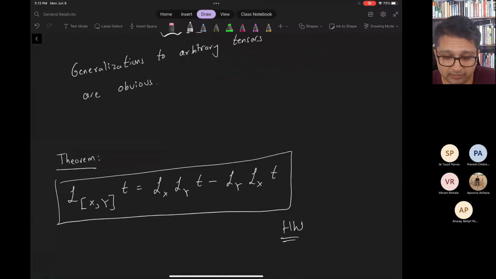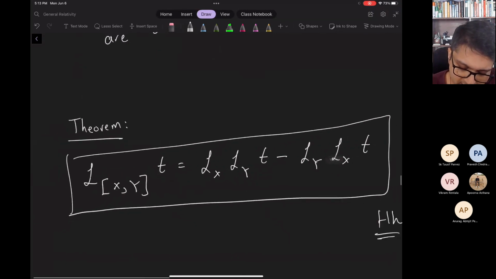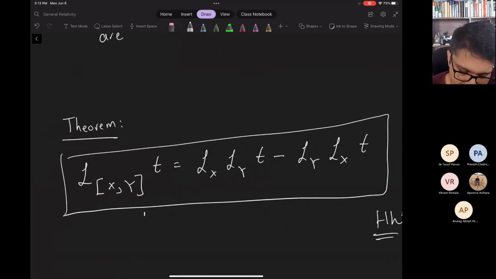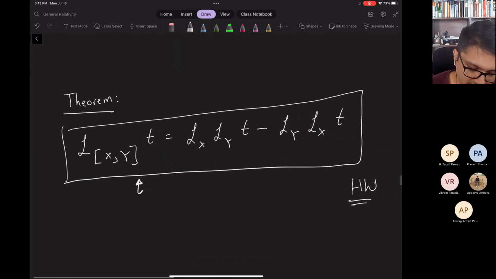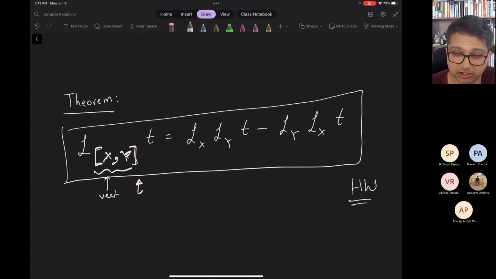And finally there's a theorem, which is an exercise in Nakahara, and again, this is a bit tedious to work out in components, but you can try this out. So if I take the Lie derivative with respect to the Lie bracket of x y, the Lie bracket of x y again returns for me another vector field. So I can always take the Lie derivative with respect to that.